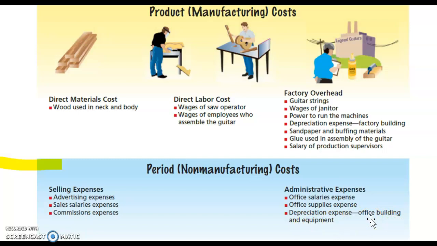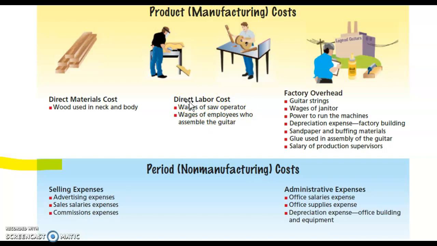These are all going to be expensed. Contrast that to product cost at the top. These are manufacturing costs. They all happen inside the factory. They include your direct materials, your direct labor, your manufacturing overhead.